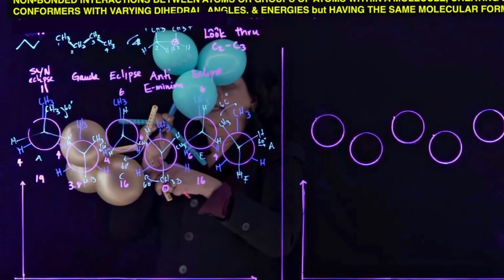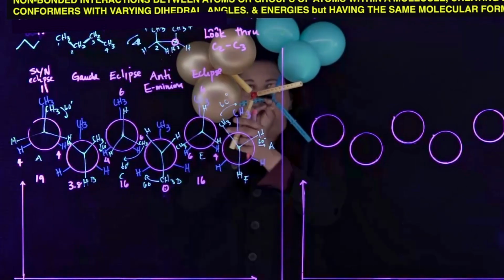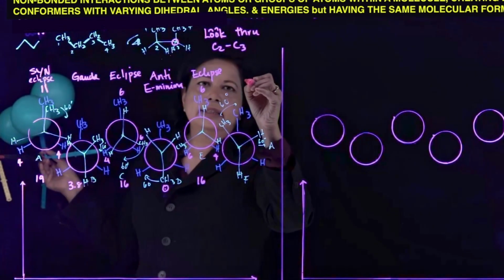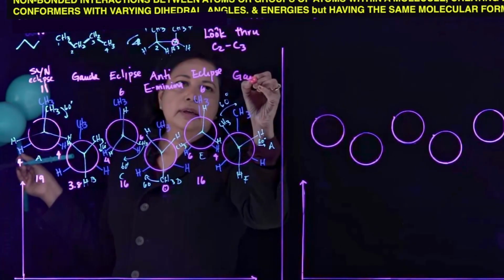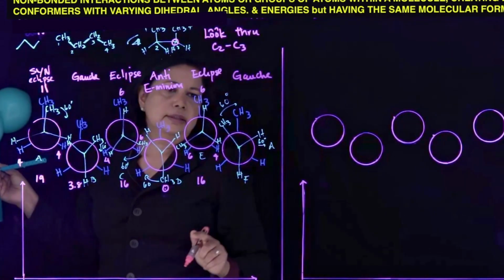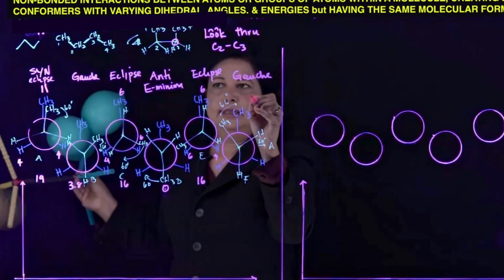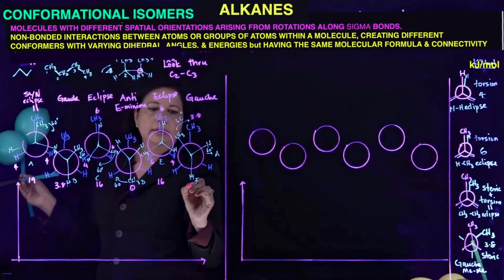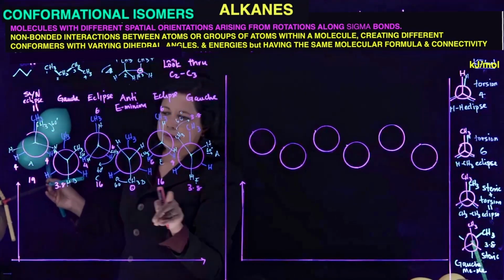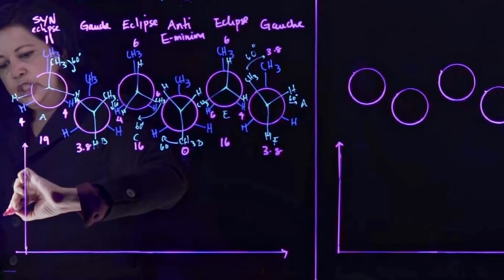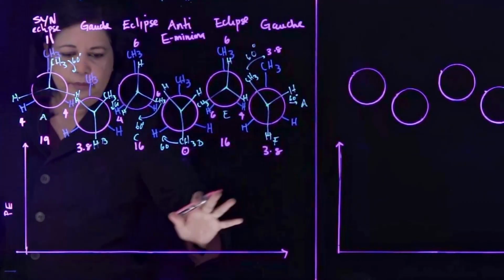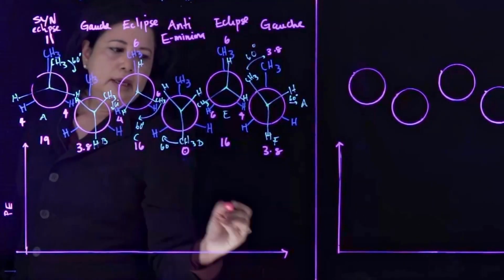And then back again, kind of uncomfortable next to your neighbors here, steric. So that is going to be a gauche interaction. So that is 3.8. So this is 3.8. So we can go in and write down these numbers here. So this is the potential energy graph for this molecule with time, or in this case, with angle.